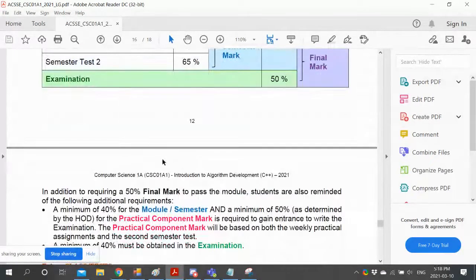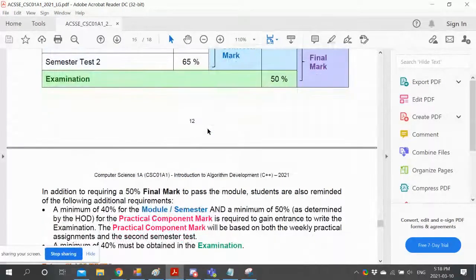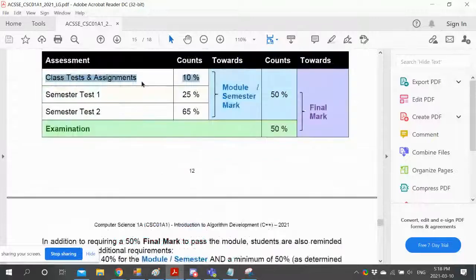So as an exercise next week when we're learning how to program, we'll write a program that will calculate our practical component mark. So you should all know how to do it because you'll have written the program and have access to videos of a program being written that actually will calculate the practical component mark for people. But just bear that in mind. The practical component is very important for the test.